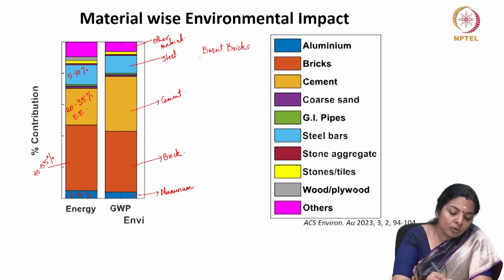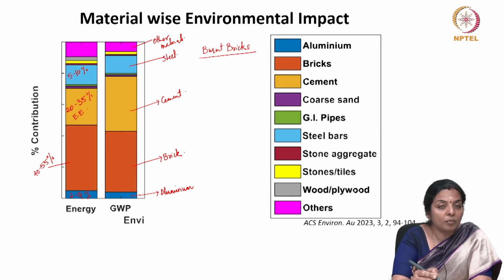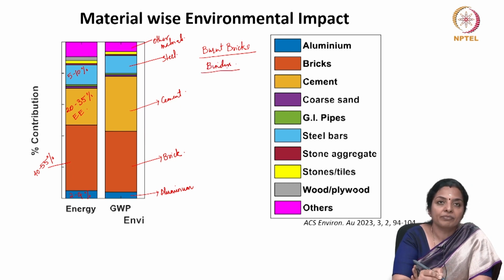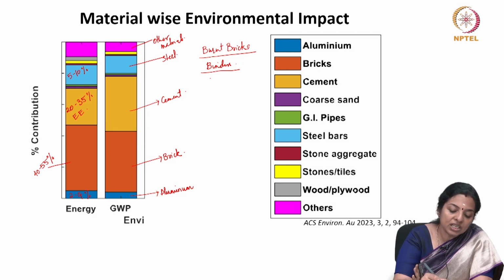So find out what could be the alternate to burnt bricks which would have less impact on the environment, and look at the binders that you use. Should the binders necessarily be cement? If you can have alternate binders like lime, which are renewable and environment friendly, try to go for it, because cement contributes to the embodied energy and global warming potential.